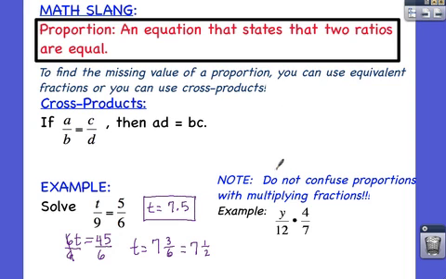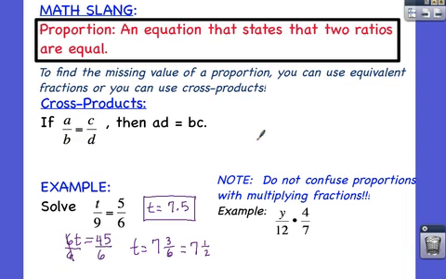Now, quick side note. Please do not confuse proportions with multiplying fractions. On quizzes and tests, I always see students start to confuse these two concepts together since they do somewhat look similar and because they have something to do with products diagonally, either cross products or cross reducing.